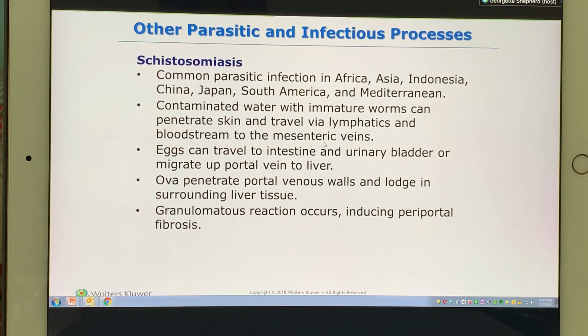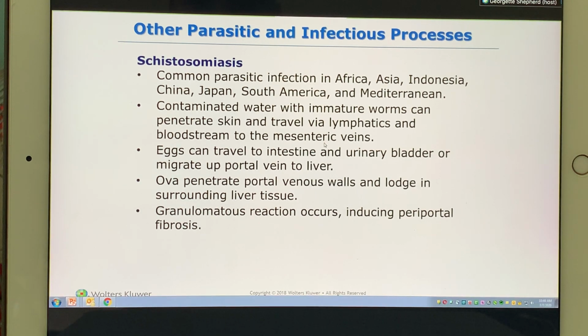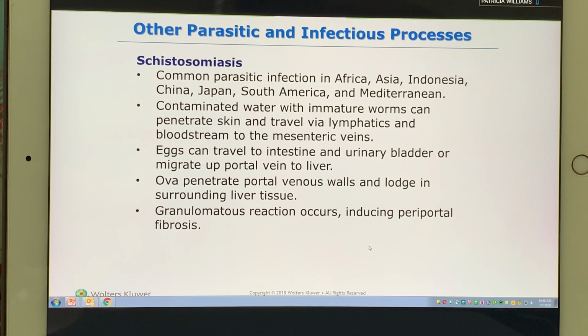What are the two mesenteric veins? I have SMV and IMV. Right and left. The superior and the inferior mesenteric vein. Okay. The eggs can travel into the intestine and the bladder, and they can migrate up the portal vein to the liver.